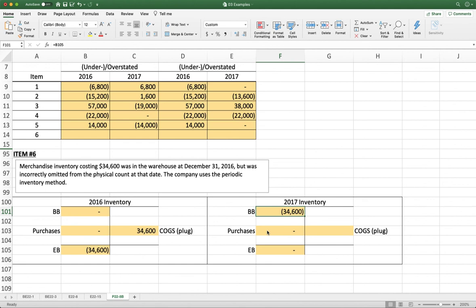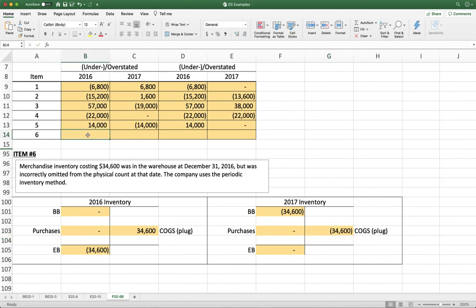And so if we didn't know we had it and it's now been sold, we don't know that we sold it because we didn't know we had it in the first place. So our cost of goods sold is actually going to now be understated by the goods that we didn't know that we had.